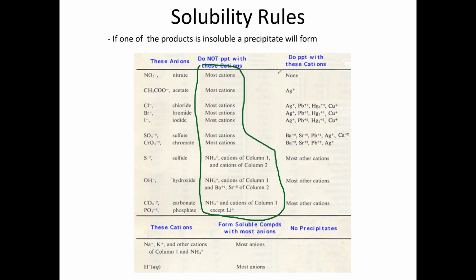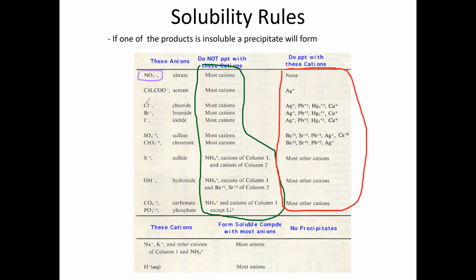The cations that are shown at the far right, these are the insoluble cations. And just a few key points here. As you see, all nitrates are soluble. So that's a very important thing to remember.